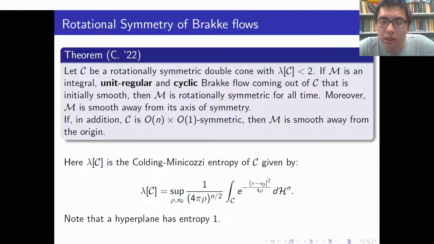In particular, lambda of C less than 2 rules out a singularity of multiplicity 2. What you don't want in the proof is a singularity of two planes, two hyperplanes, and that breaks the proof.